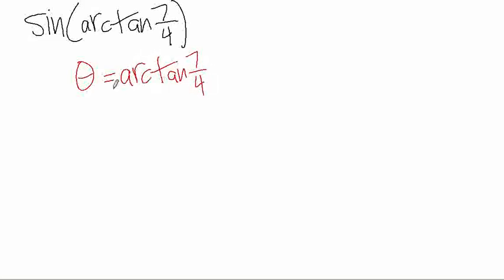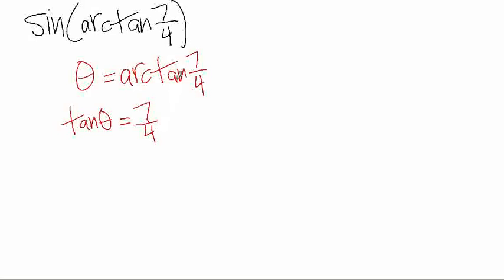Now let's take the tangent of both sides. So the tangent of theta is equal to the tangent of the arctangent of 7 over 4, which equals 7 over 4, because the tangent and the arctangent are inverse functions of each other, again, only with respect to a limited domain.